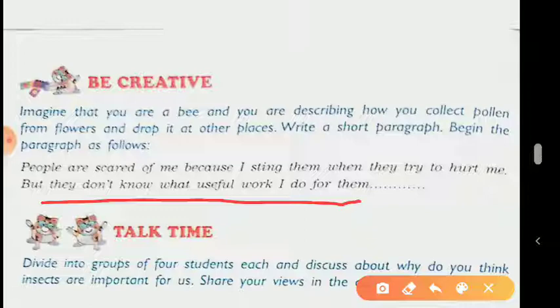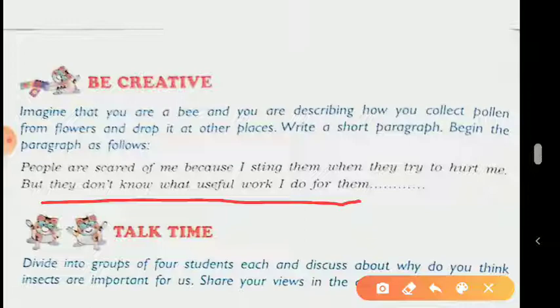Then, when I buzz near another flower or sit on it, the pollen from my body are transferred to that flower. Thus, plants make seeds and many new plants grow away from the parent tree.